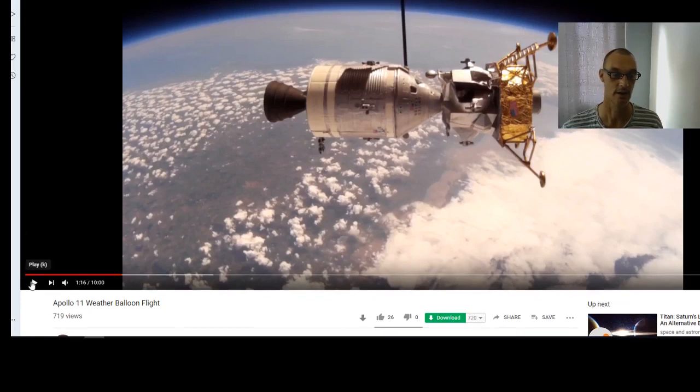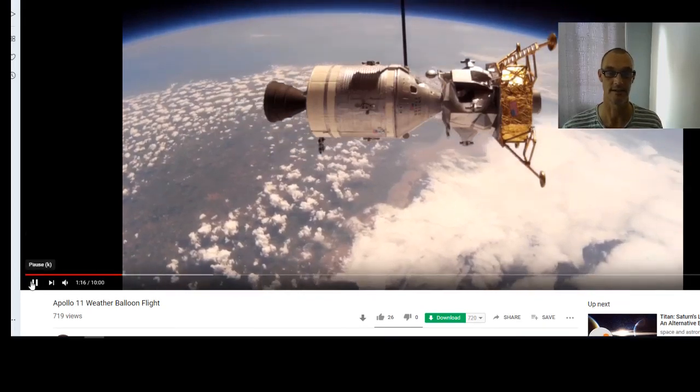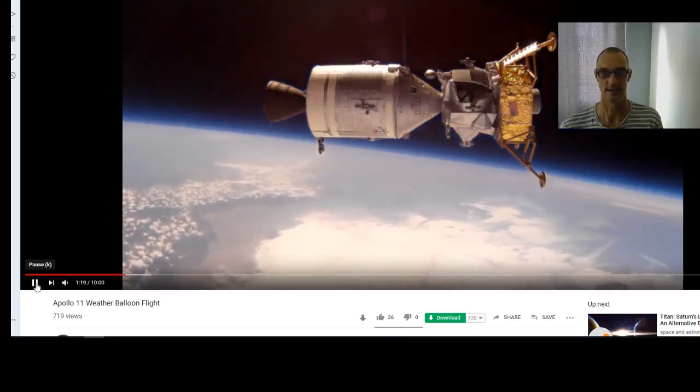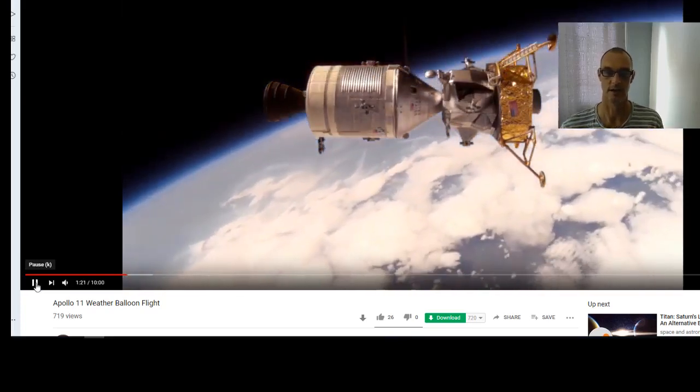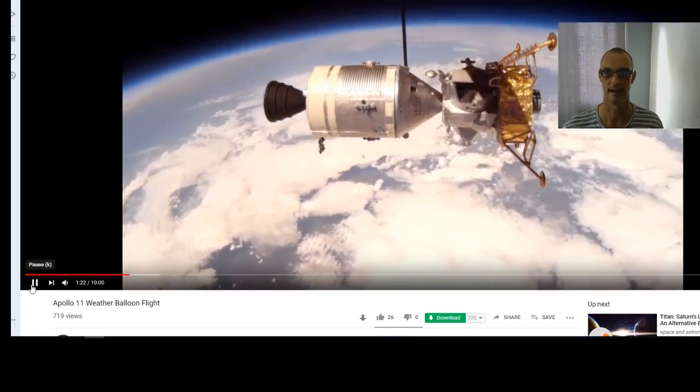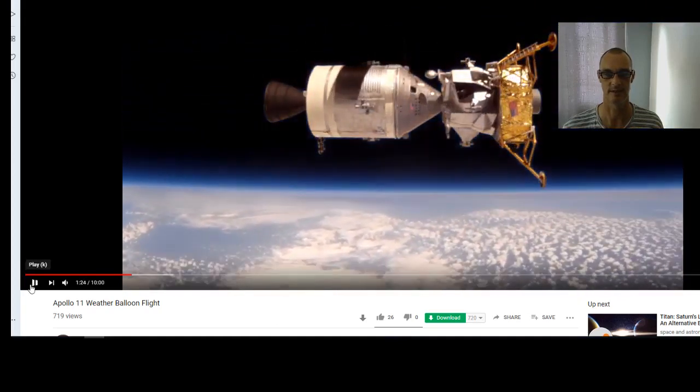Okay, so obviously you can see that this is done on a GoPro. It wouldn't surprise me if this person believed that he's actually seeing curvature there, even though at some points it, for example, levels out and we get this concave appearance.